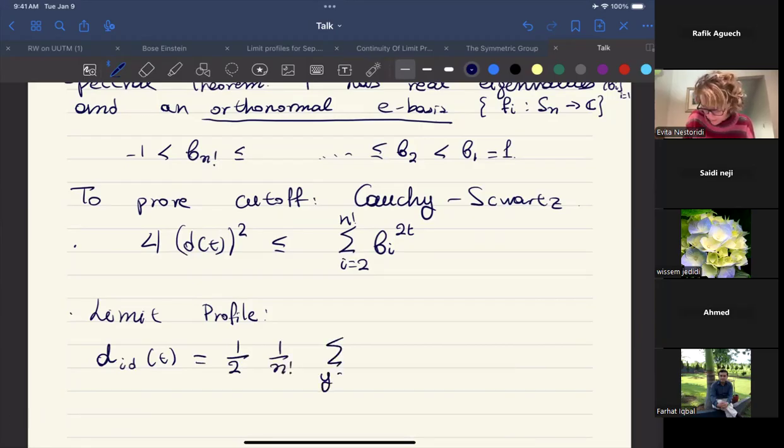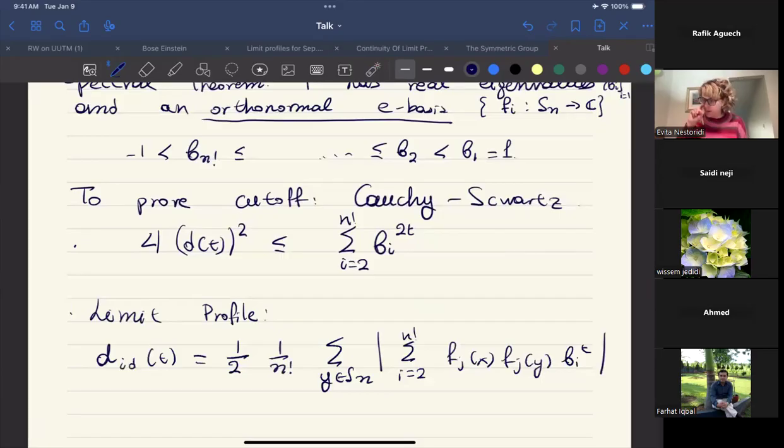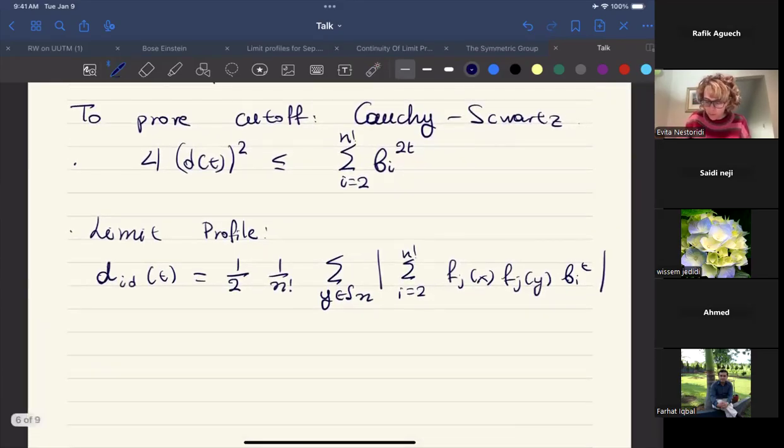Let me write it correctly. I think the absolute value is over here, but if I'm doing it wrong, it doesn't matter for the talk. We won't play with this formula much. What is X? It's the identity. Okay.